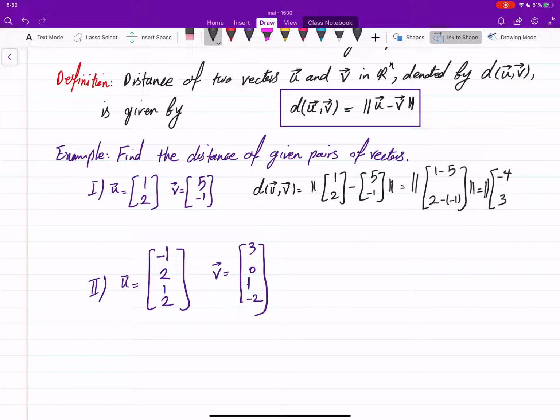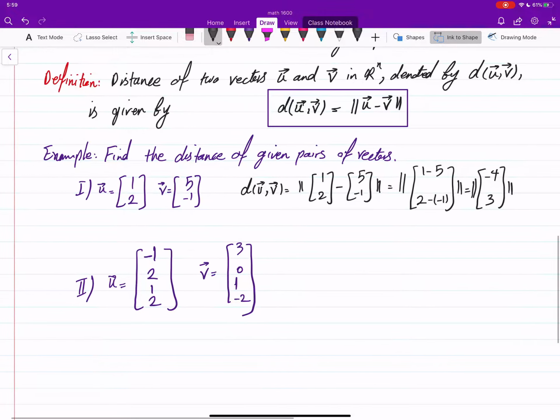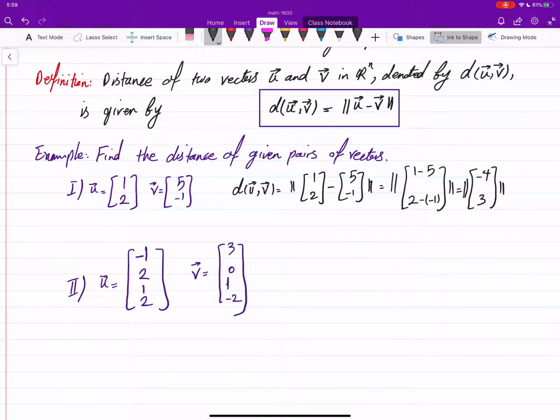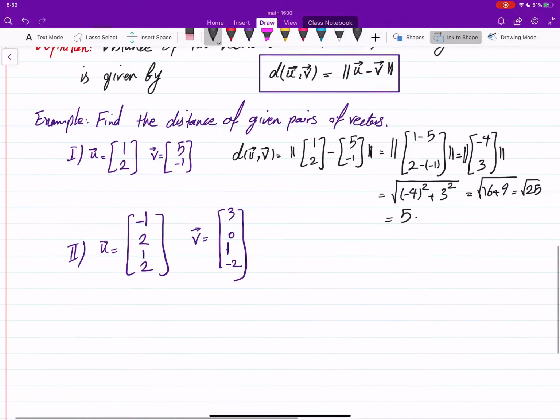Don't forget to put the length sign in here. And we know that the length is: square each component and add them. So this is 16 plus 9, this is root 25. And as a result, the distance is just 5. The distance of these two vectors is 5.